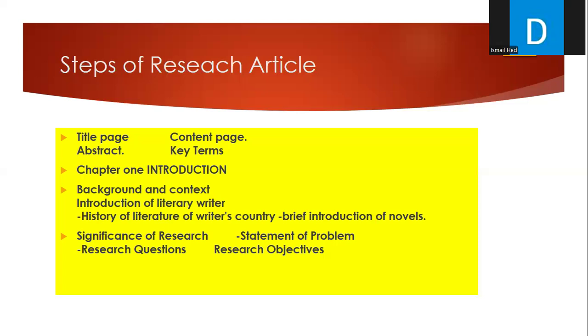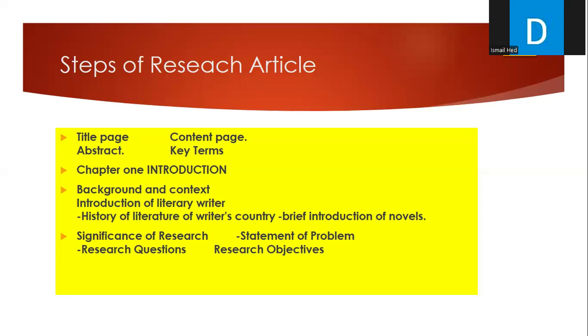So you should build your introduction by building a context of the background, and then you should also introduce the writer about whom you're writing. You can write about the history, you can write about the writer's biography, you can write about the brief intro to those particular books or the novels or poems or short stories or whatever you have selected for your application area.